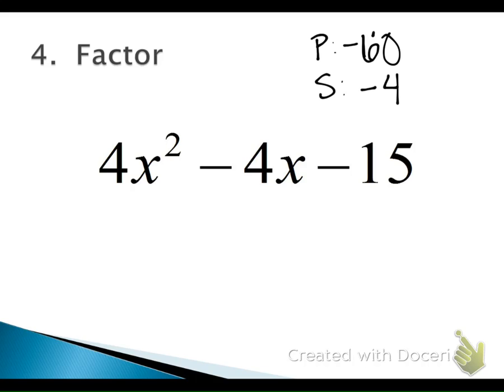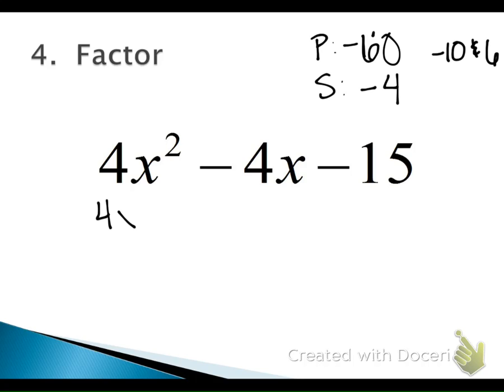That might take a little bit. What do we got? Negative 10 and 6? You know, if we put that negative number first, we won't have to worry about putting a plus negative somewhere. So I'm going to put that negative 10x first and then the 6x.